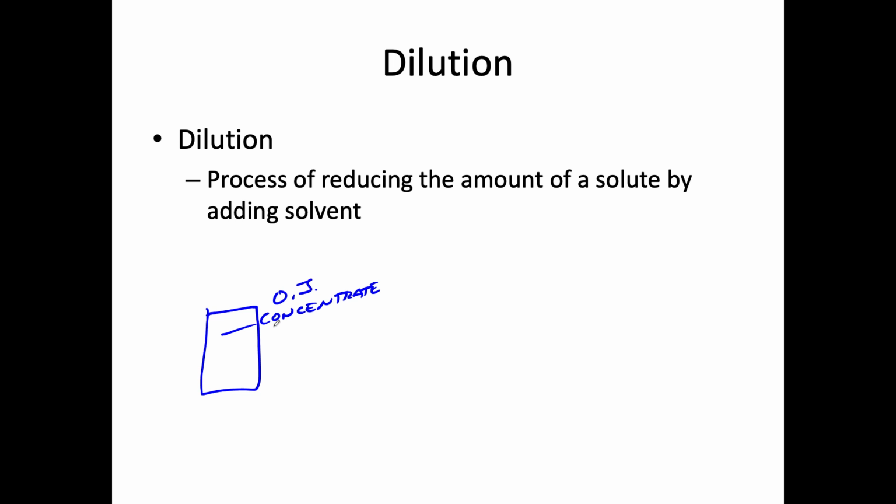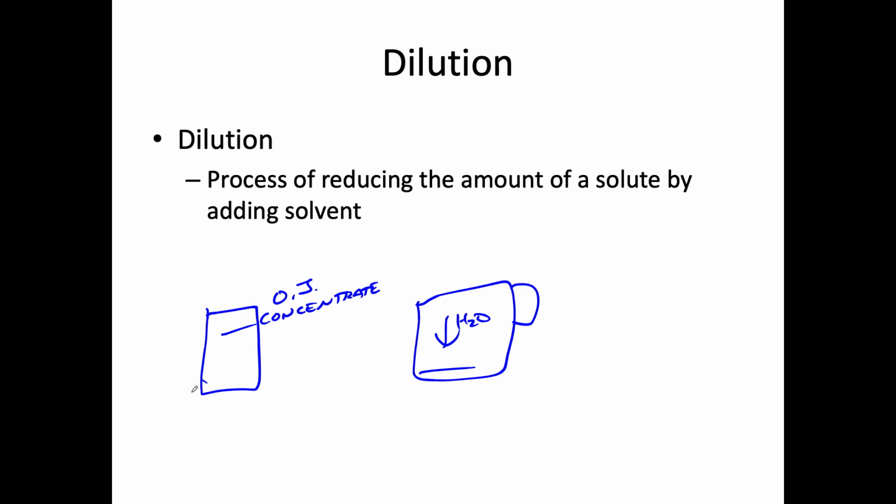They concentrate it down and freeze it, and you put that into a pitcher and add water. When you add that, you get this nice orange juice that you can drink. It used to be a way to ship orange juice and keep it fresh for a very long time. So this is what we mean by dilution. You're diluting the concentrate to something more usable.